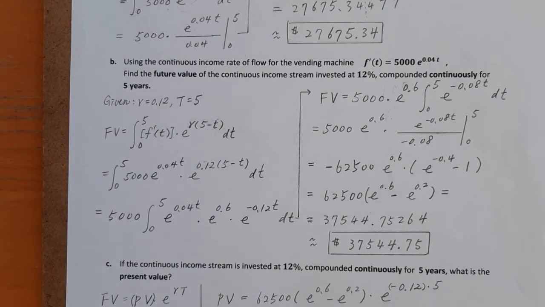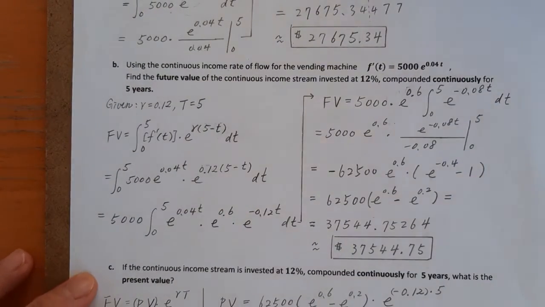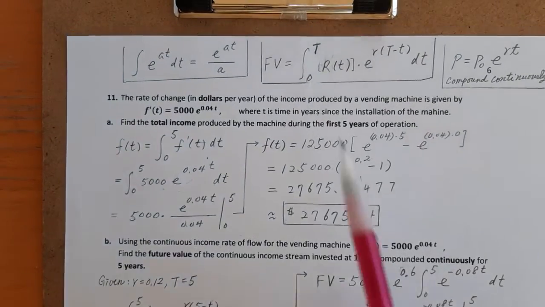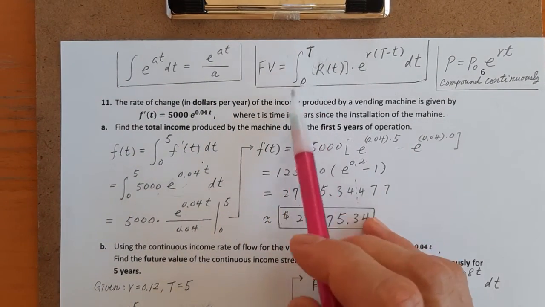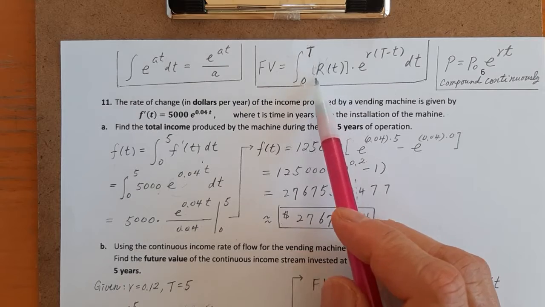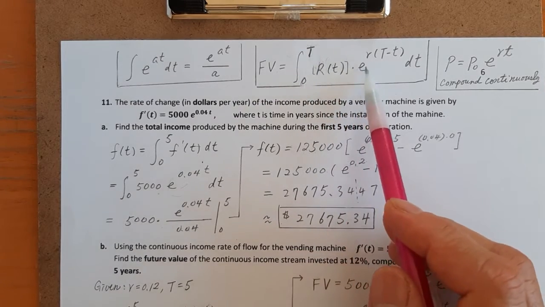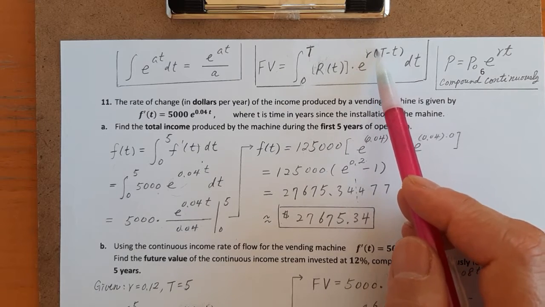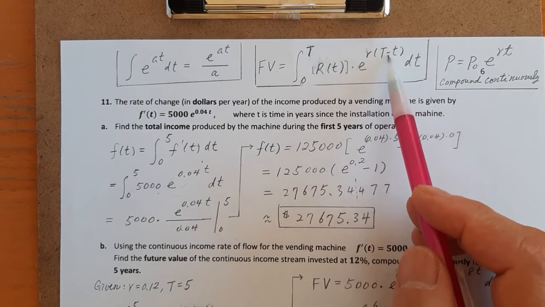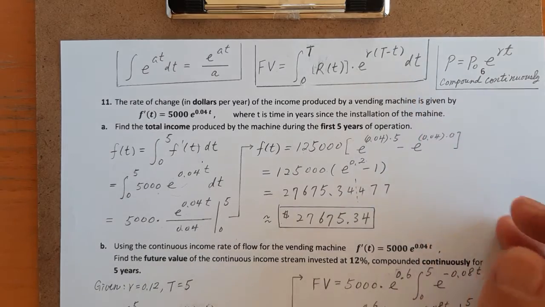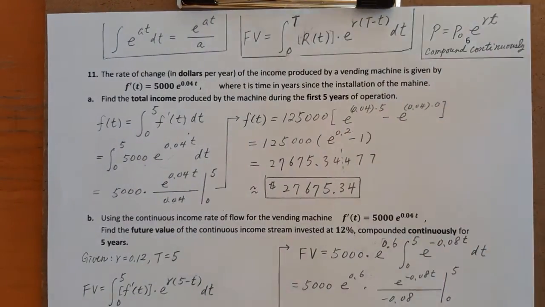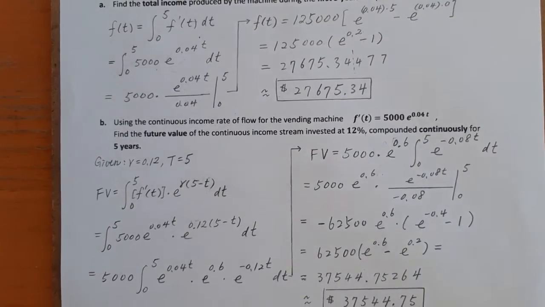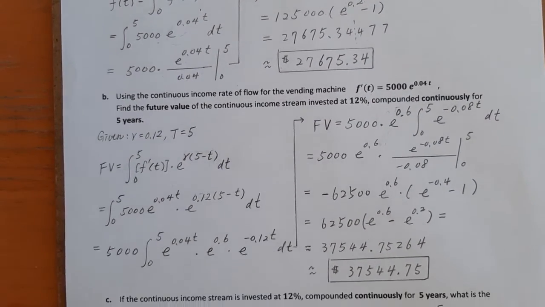So this is the future value. And the future value formula is: future value equals the integral 0 to capital T of rate R of t, times e to the power interest rate, parenthesis capital T minus smaller t, dt. This is the future value, compounded, for the income stream.